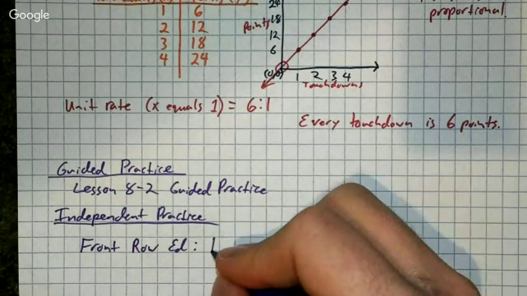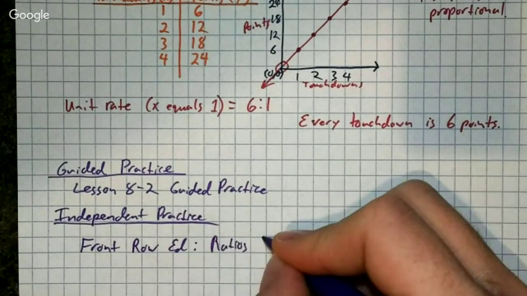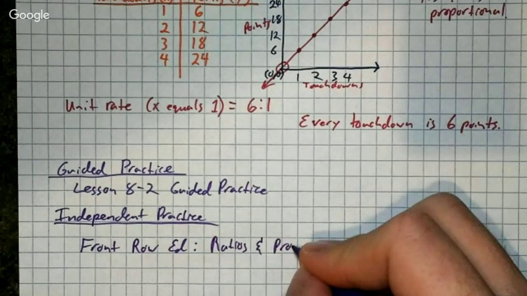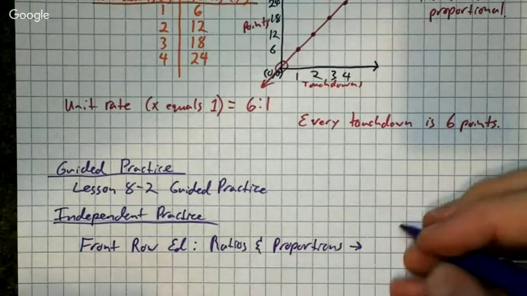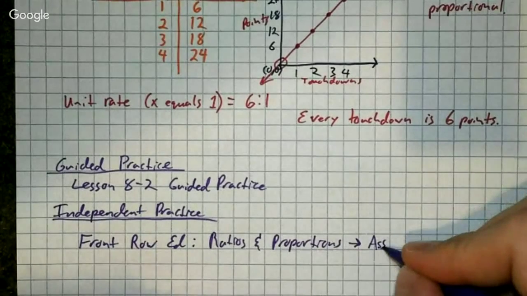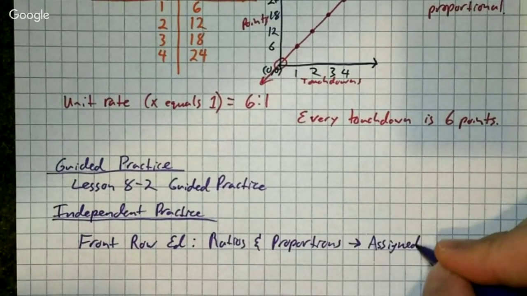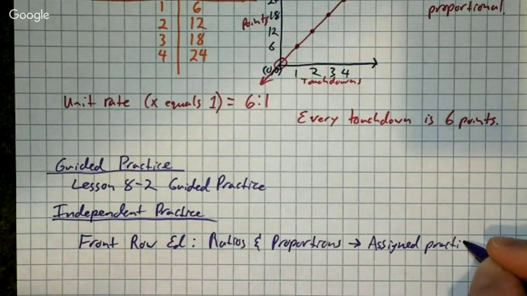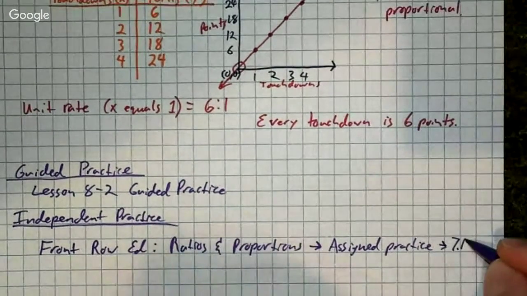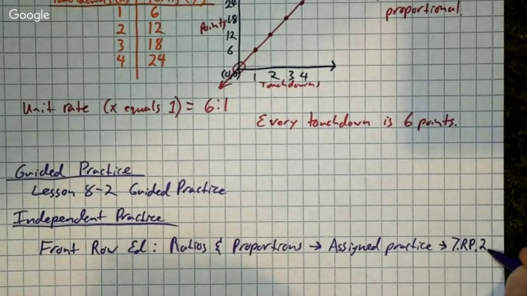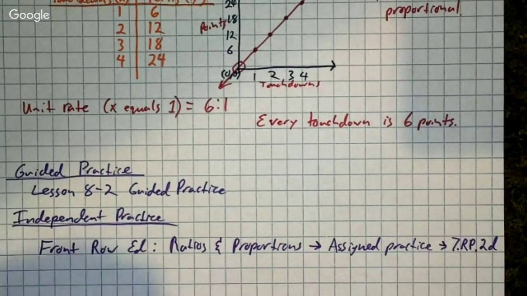You are going to go to Ratios and Proportions. You are going to go to Assigned Practice. And then you're going to go to 7.RP.2d. And that is your work for today.